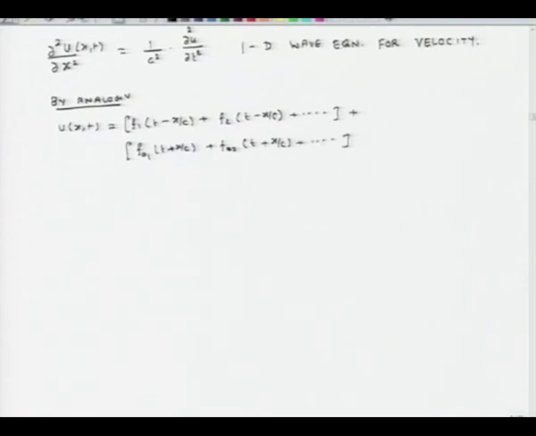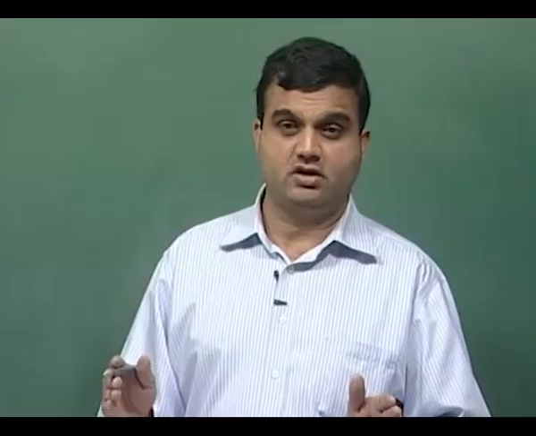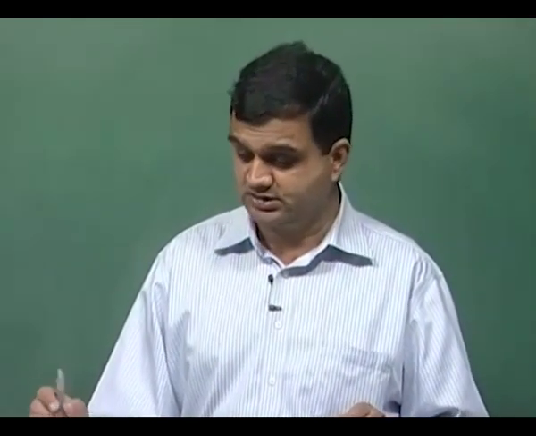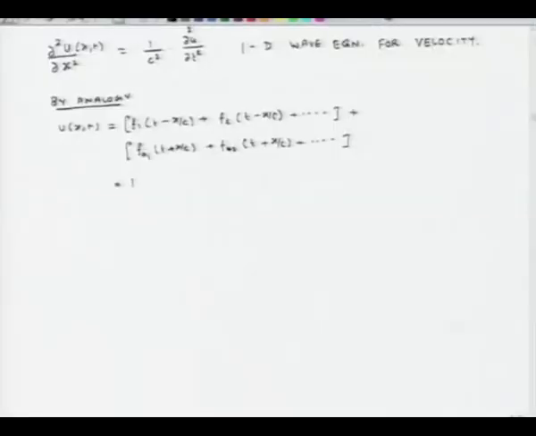Or alternatively, as we had shown that this could be rewritten as a real component of a sum of complex variables, we can write a similar relation for velocity as u of x, t is the real component of U plus e to the power of s times (t minus x over c) plus U minus e to the power of s times (t plus x over c).